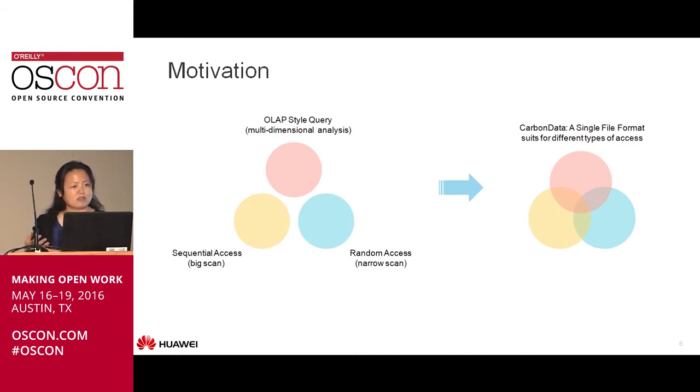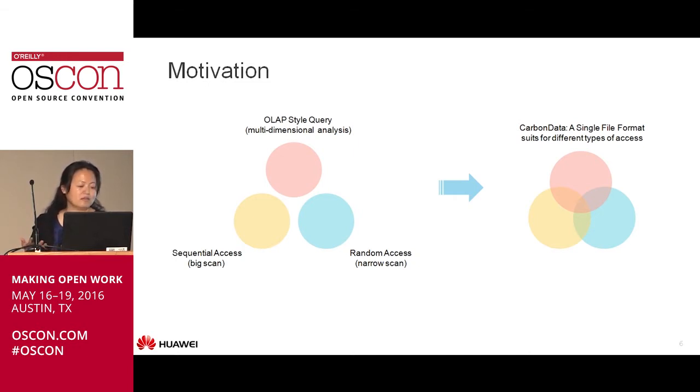To summarize the three types of use cases: for sequential access, which is a big scan, column storage is the key. For random access with narrow scans, HBase-based systems are probably the big player for big data to be able to do a fast primary key lookup.